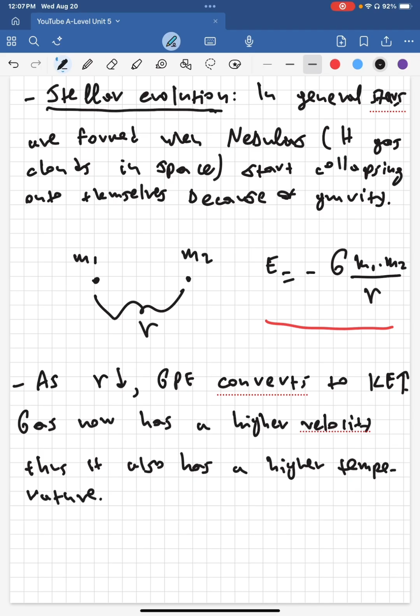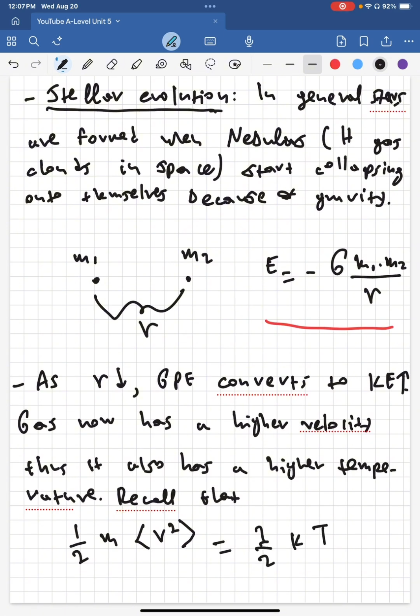Now, why is that? Recall that from the ideal gas law, 1/2 times the mass of a molecule times its average squared velocity is equal to 3/2 k times its temperature. So if we increase the velocity of the gas, we increase its temperature.